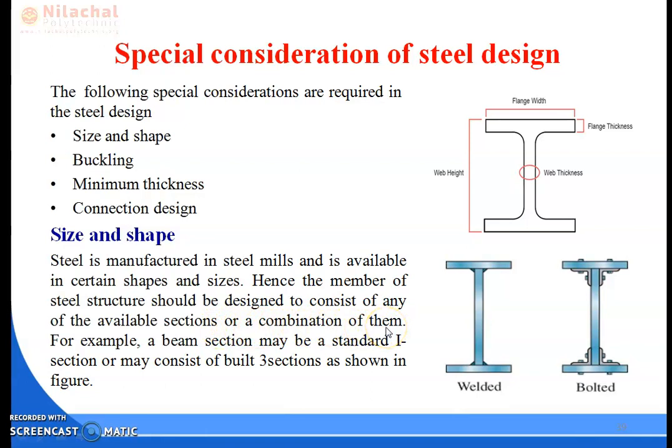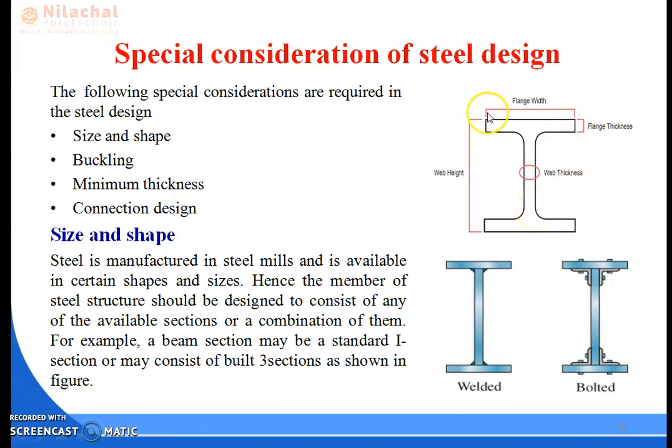That means if in the mill the I section is available with a proper flange and web section, then we can say the whole I section is available for the design of a steel structure. Also we can get 3 individual sections: the flange is one individual section, the web is one, and the other flange is another.